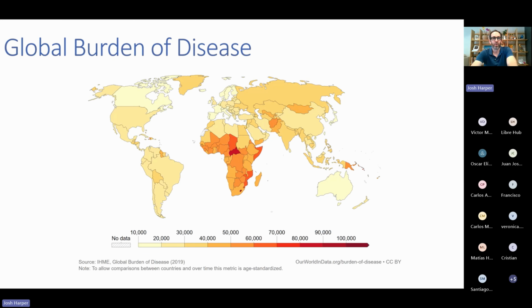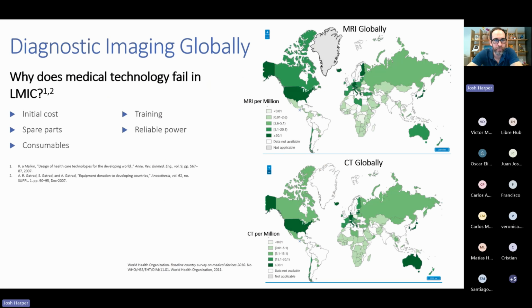So why are we doing this? I like to start with a very broad perspective, and this is a map of the global burden of disease. It doesn't get much more broad than that. But what you notice is that most of the disease that we see in the world, based on this 2019 survey, is in low and middle income countries. And why is that a problem?